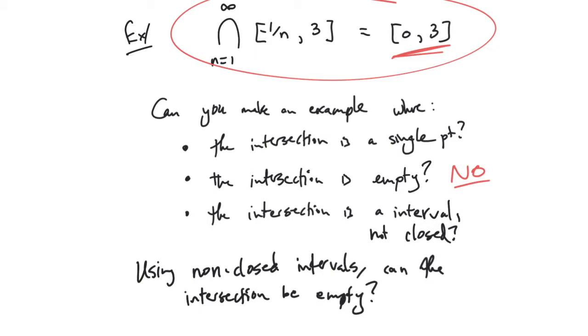So one's getting smaller. And then what is the intersection then?